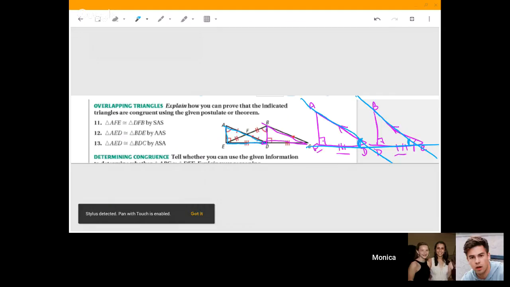So that would be how we could prove it. Because we would be able to prove that angle ADE is congruent to angle BCD because of the corresponding angles postulate.